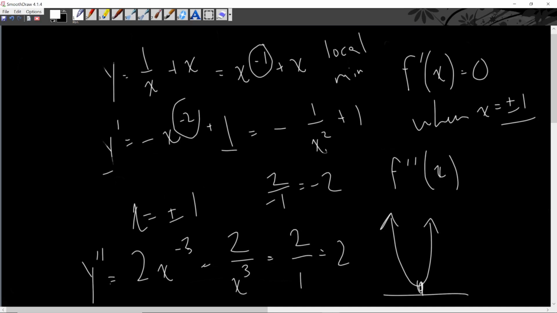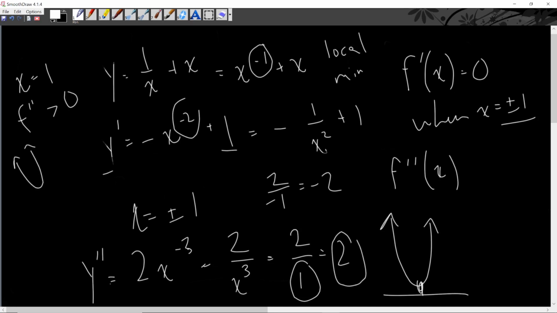So at x equals 1, let's write this down. At x equals 1, we have f double prime is greater than 0, right? It is positive 2, which means that it is concave up. And since we know that f prime gives a horizontal tangent, that means that this is a relative minimum. At x equals -1, we have f double prime is less than 0, which means that the graph is concave down, which means that that point will be a relative maximum.